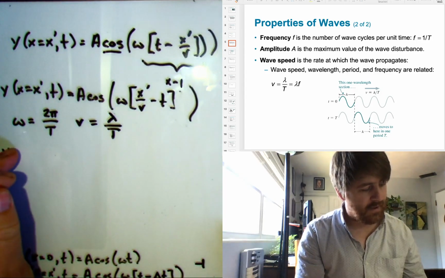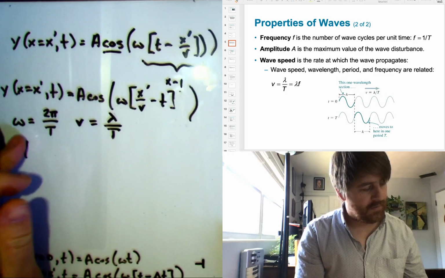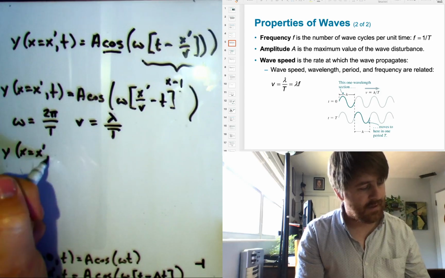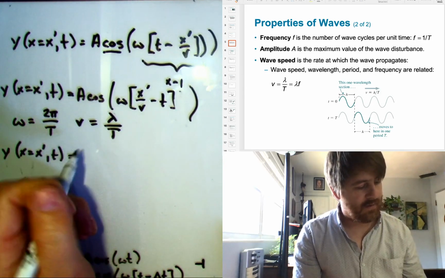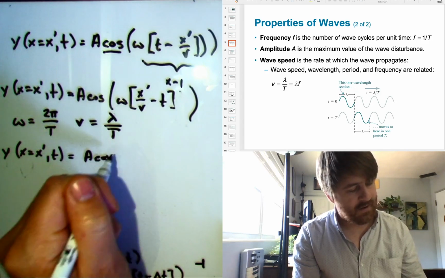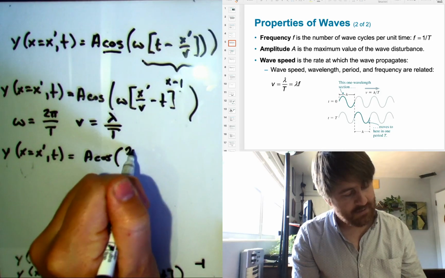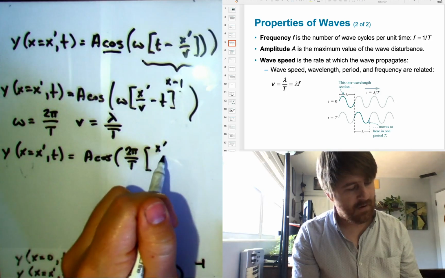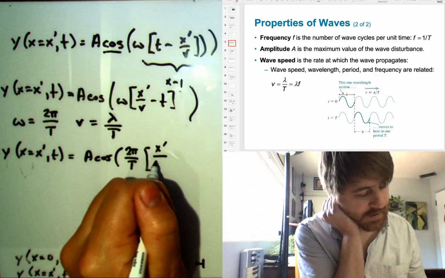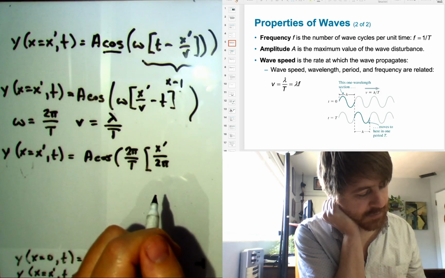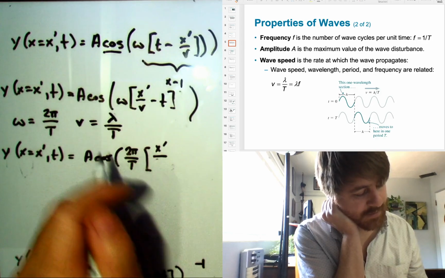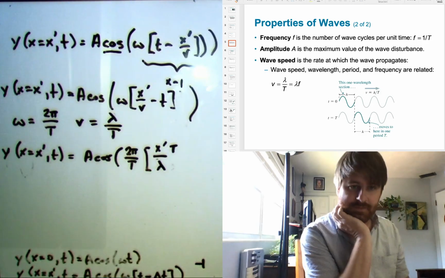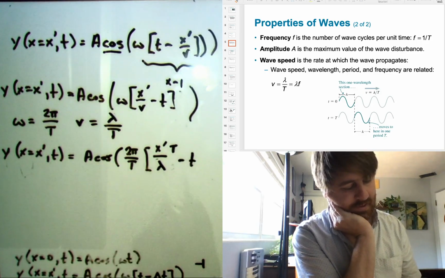I get y as a function of x equals x prime, and t is a cosine, right, this is omega is 2 pi over T, and then we'll write x prime over lambda over T, x prime over lambda times T minus lowercase t.